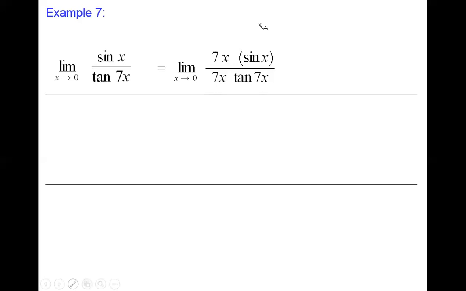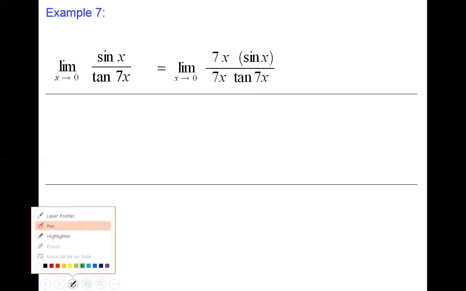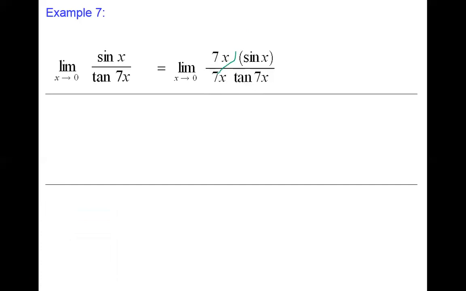Because for the sine, I only need x. For tangent, I need 7x in order to say that this is 1. That means I will use this. Okay, I can't do it differently, actually, because tangent is different.